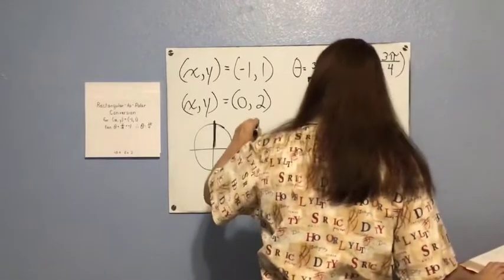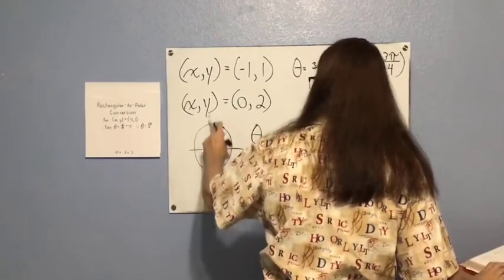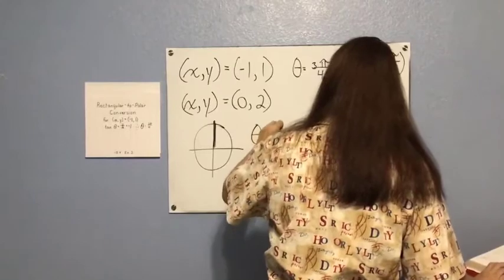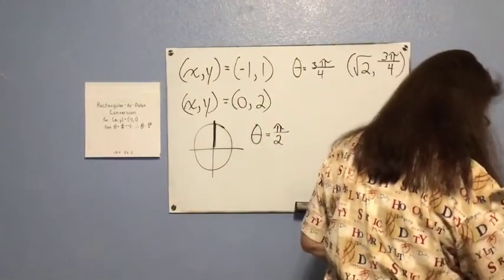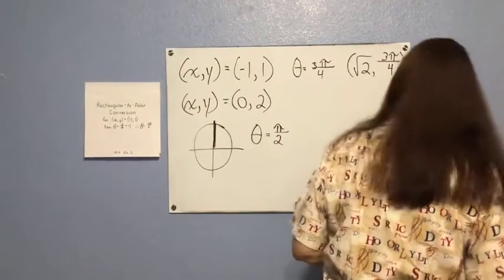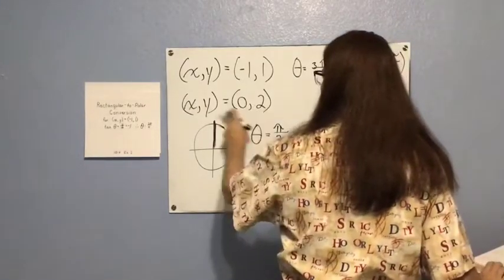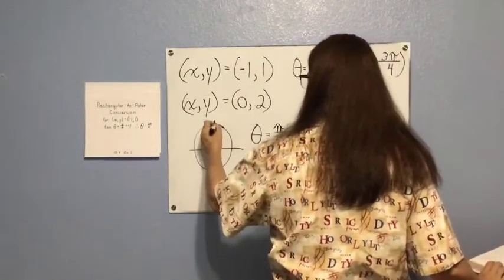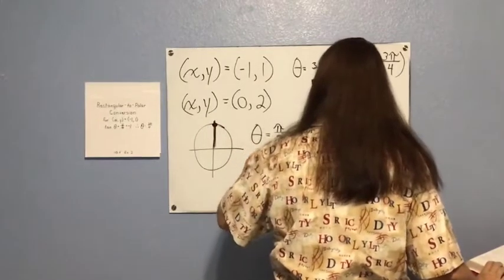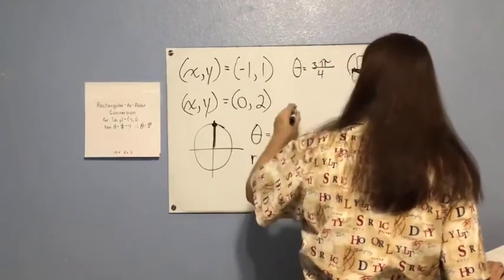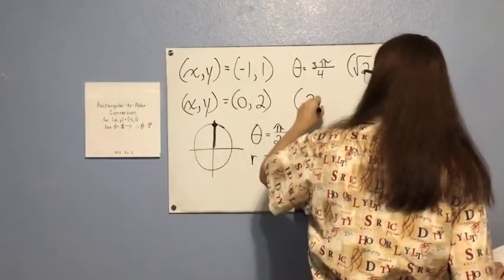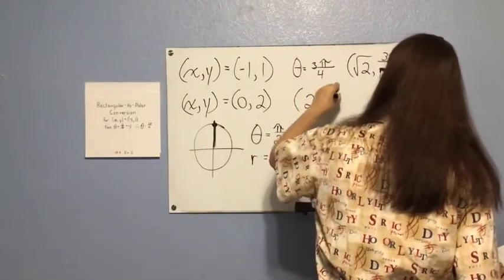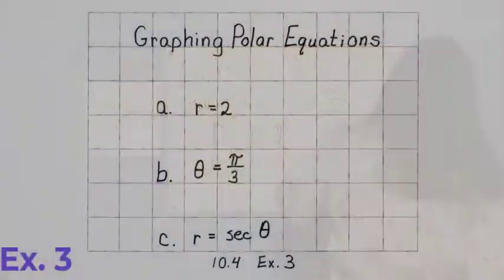And so we know that if we're on this axis, theta has got to be pi over 2. And because the y is 2, that means that r also has to be 2. So this coordinate is 2, pi over 2.